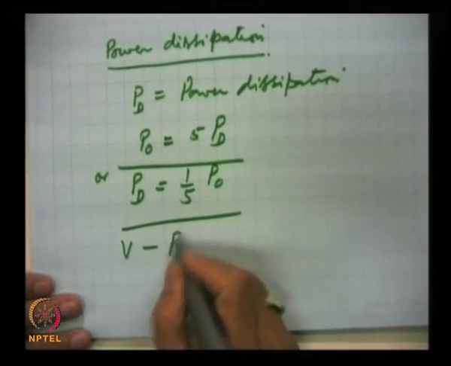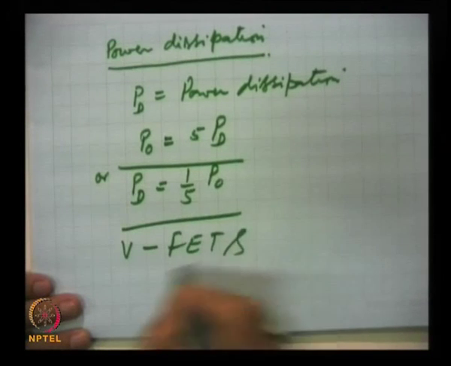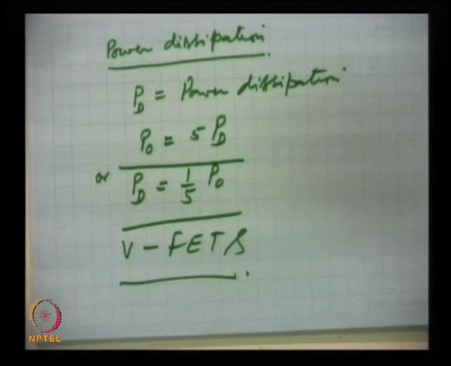These can be used, and this class B power amplifier can be constructed with these specially designed field effect transistors instead of BJTs.